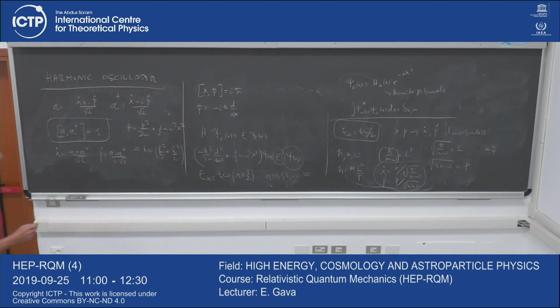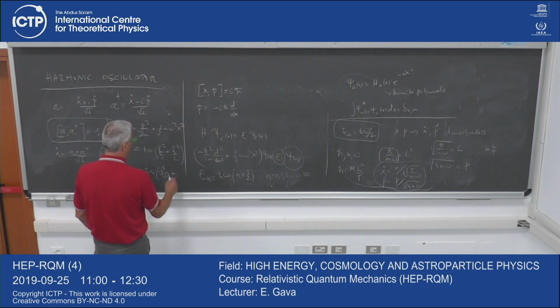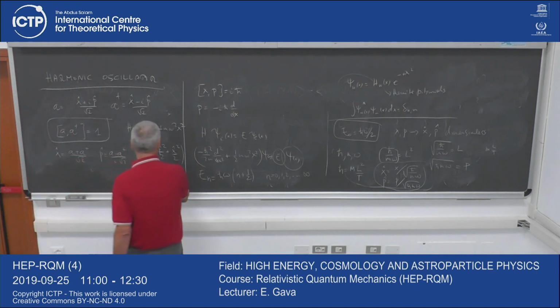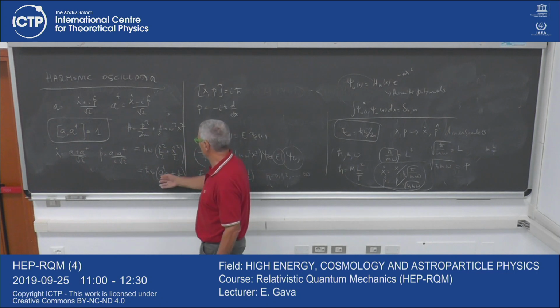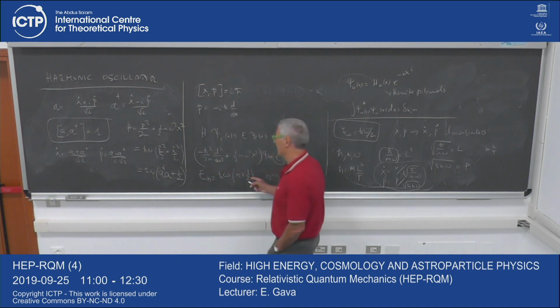The standard way of writing this is a dagger a, so first a and then a dagger, and then you find that something is left over, which is this 1/2 here. So this is the quantum Hamiltonian written in terms of a and a dagger. It is Hermitian, of course, because the Hermitian conjugate of this is equal to itself. There is this shift here, which is related to that.